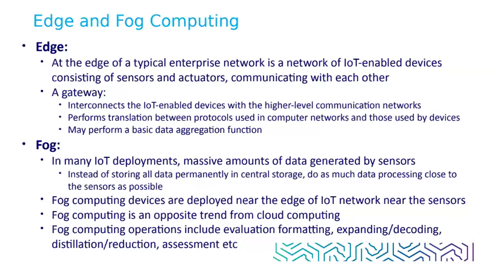So edge computing will include sensors, actuators, smart devices and all. These devices communicate locally before the data moves towards the higher-level networks. For example, in a smart factory, temperature sensors and robotic arms communicate directly on the factory floor before the data is sent to the cloud.